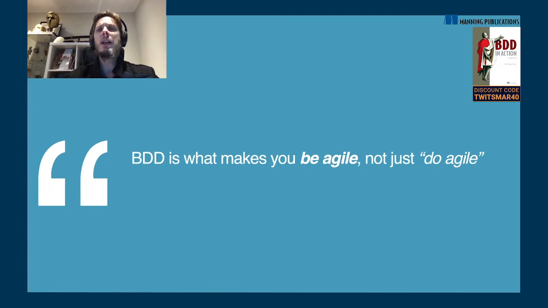A lot of people think it's all about test automation or using tools like Cucumber, but no, actually it's a collaboration technique. When it's used properly, I've found it really channels teams and forces them to be agile. One product owner I was working with described it as what makes you be agile, not just do agile. It has some very spectacular results.